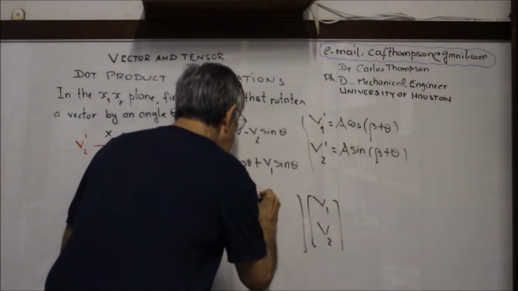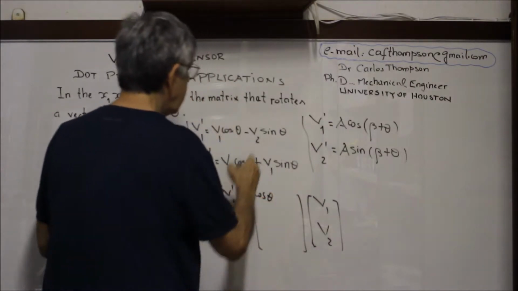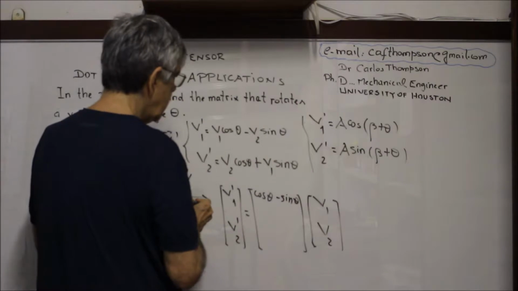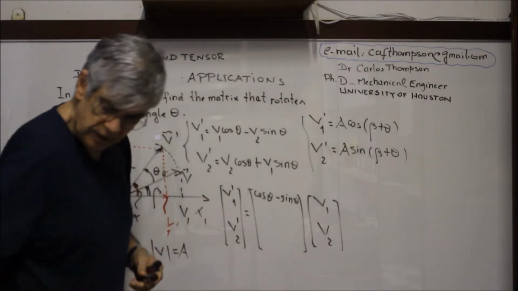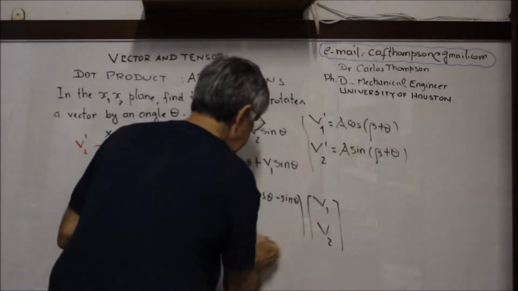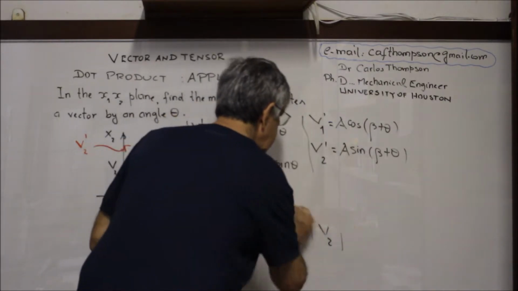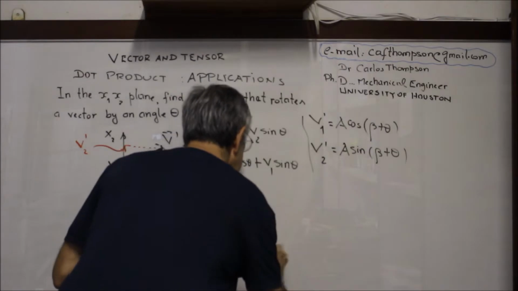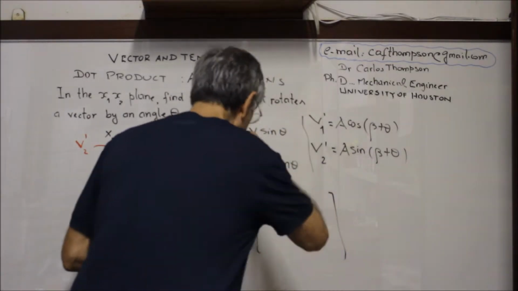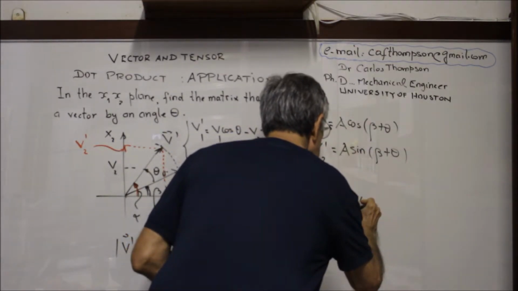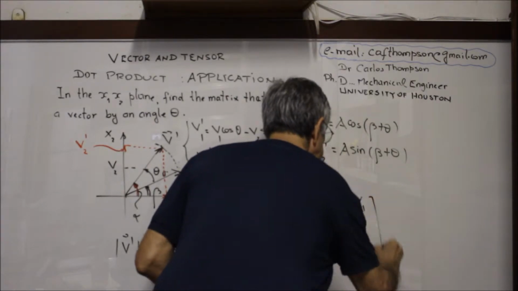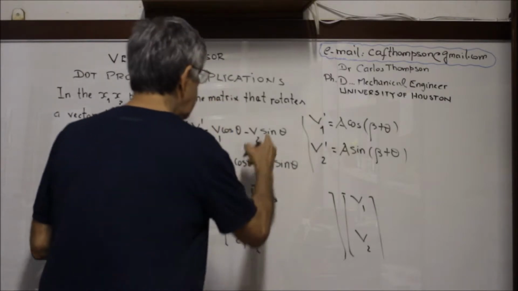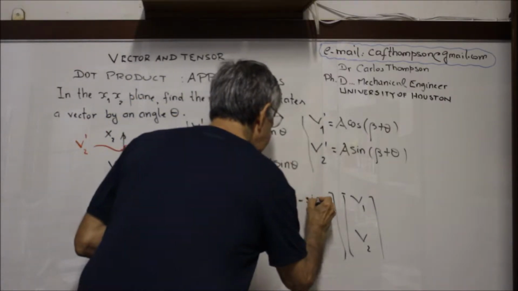So this is cosine of theta, this is minus sine of theta. Let's put the matrix here, and the column V1 and V2. Now, cosine of theta, minus sine of theta.